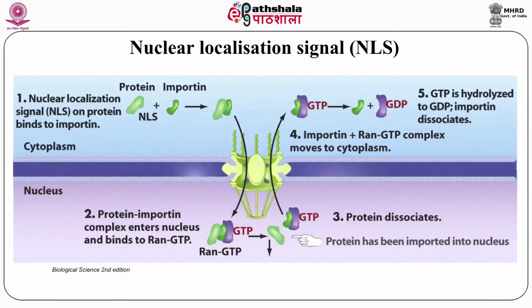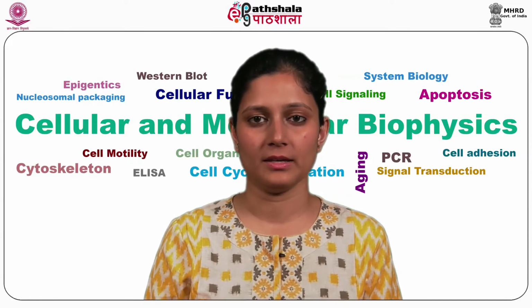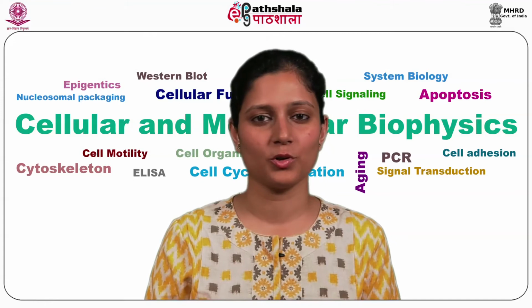In this picture, you can see how nuclear localization signal on protein binds importin and helps to import the protein into nucleus through the nucleopore complex. The signal for nuclear export is a leucine-rich domain which can be recognized by a class of exportins called exportin 1.